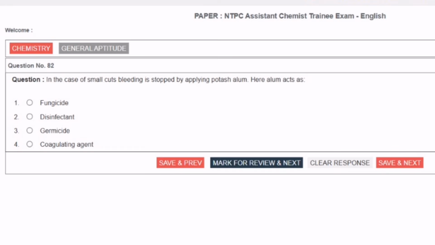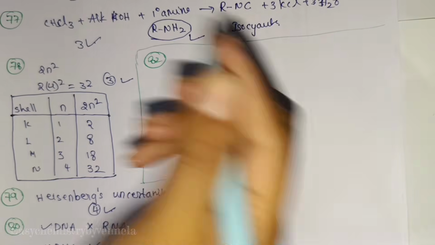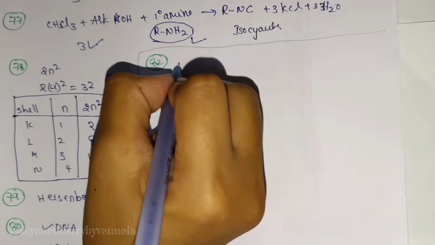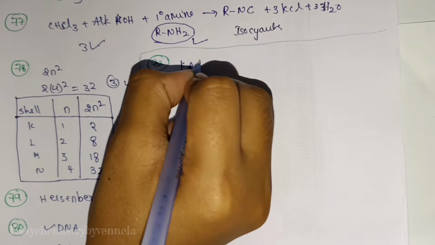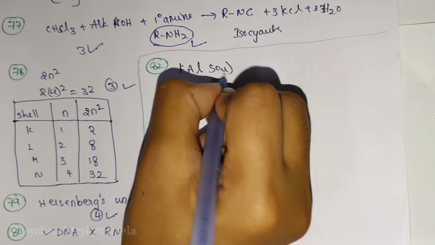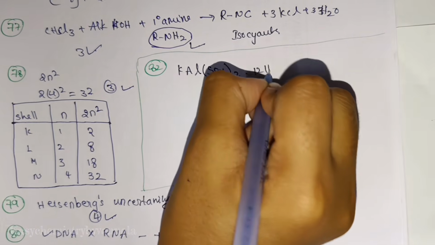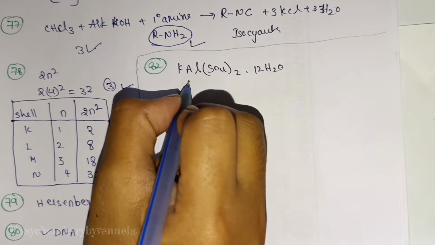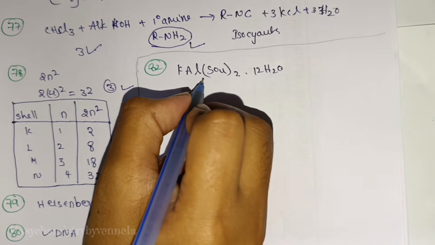The next question. In the case of a small cut, bleeding is stopped by applying potash alum. Here, how does alum act? Potash alum, K2SO4·Al2(SO4)3·24H2O, is potassium aluminium sulfate.